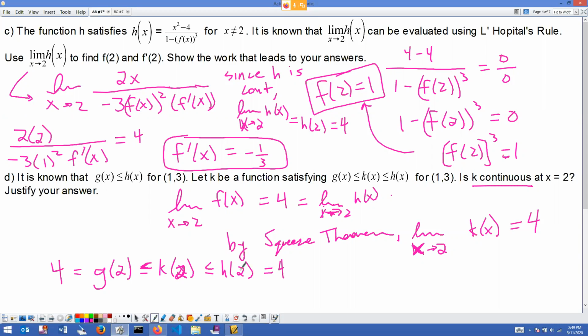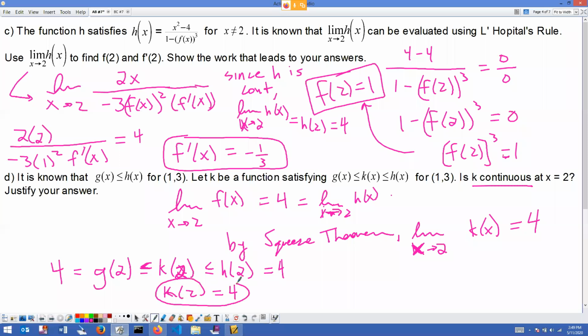And so therefore, if g of 2 is 4 and h of 2 is 4, and k of 2 has to be greater than or equal to 4 and less than or equal to 4, that means that k of 2 has to exist and it has to equal 4.